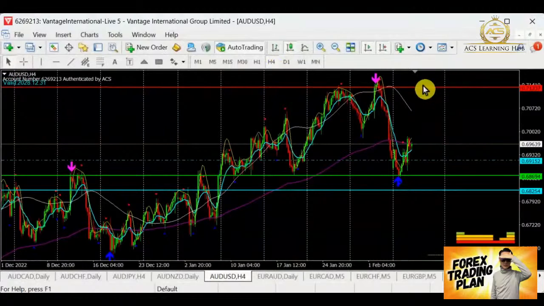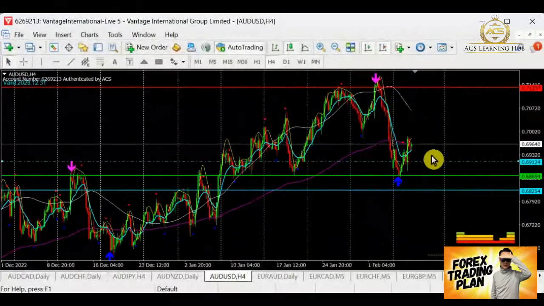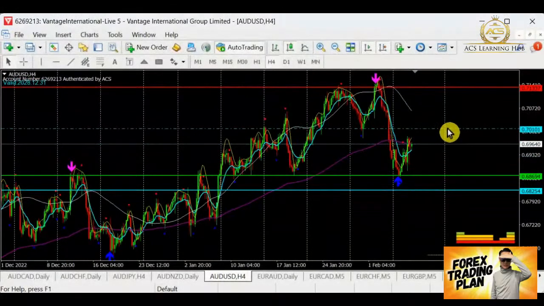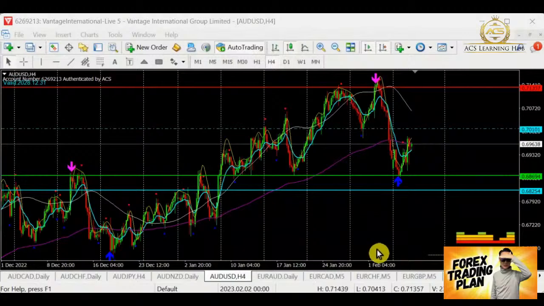So for the resistance up here, let's see if there's any point where it takes the resistance and then starts to turn down again. Then there may be another chance. So Aussie dollar is something we can pay attention to. Why? Because there may be a chance for this to become a bear, to continue the selling down and take out the lows, this area here.